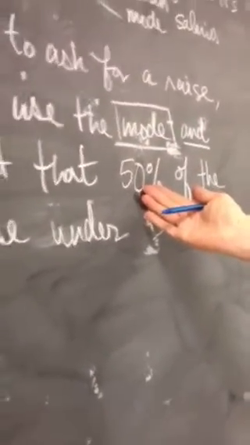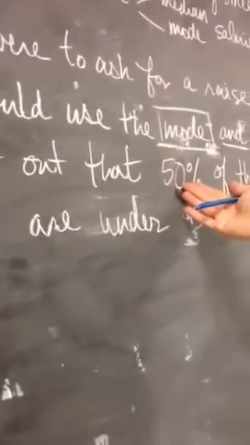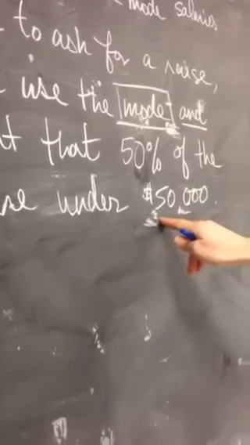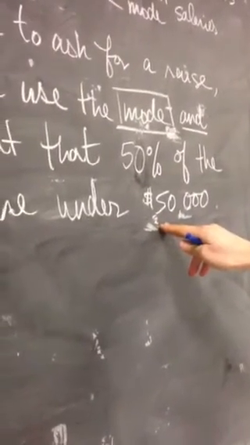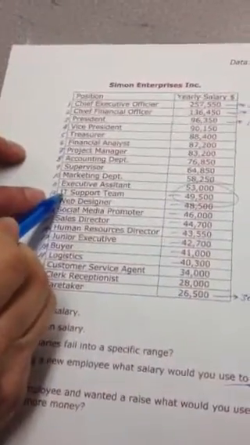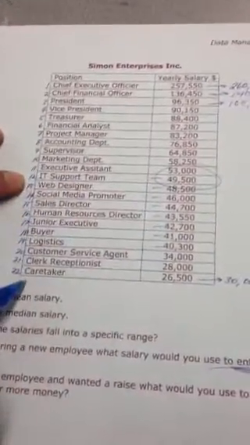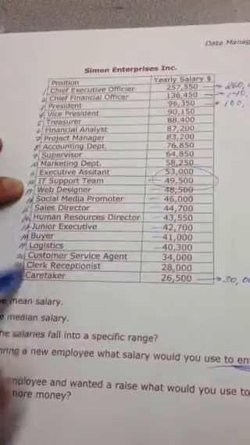The other thing that I could also point out is that 50% of the jobs, 50% of the 22 jobs at Simon Enterprises are all under $50,000. So that would be another thing to use to ask for a raise. And you can see them over here. Everything from IT support all the way down to caretaker, those are all under $50,000, and that's basically 11 out of 22.